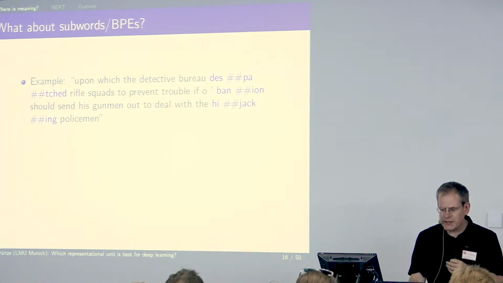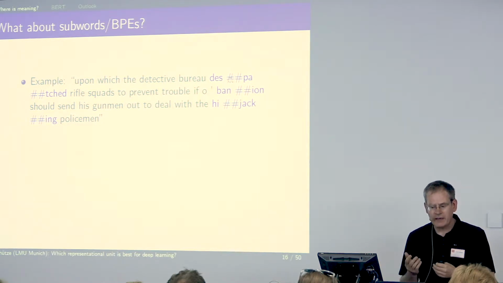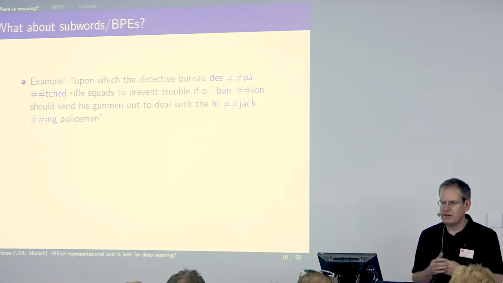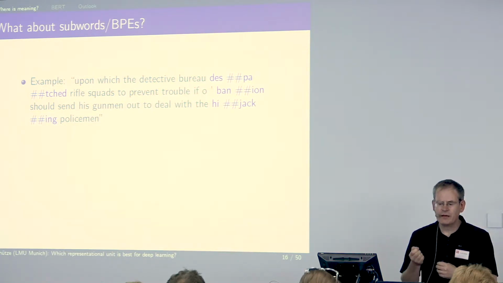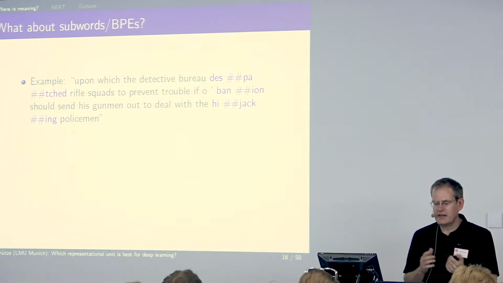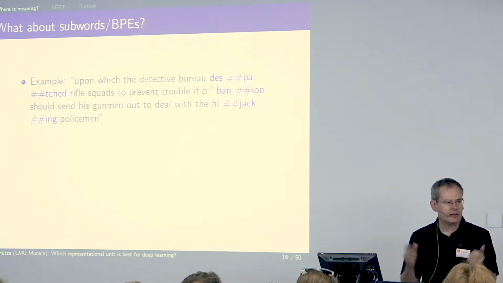That's what you achieve by the subword representation, because each of these subwords is frequent enough that it's in the top 20,000, but the word dispatched and the word O'Banion and the word hijacking are not frequent enough and wouldn't be in the top 20,000. So it's a trick, and I would say a pretty lame heuristic how these subwords are generated, but it seems to work pretty well. It's a trick to make sure that our vocabulary size is small.